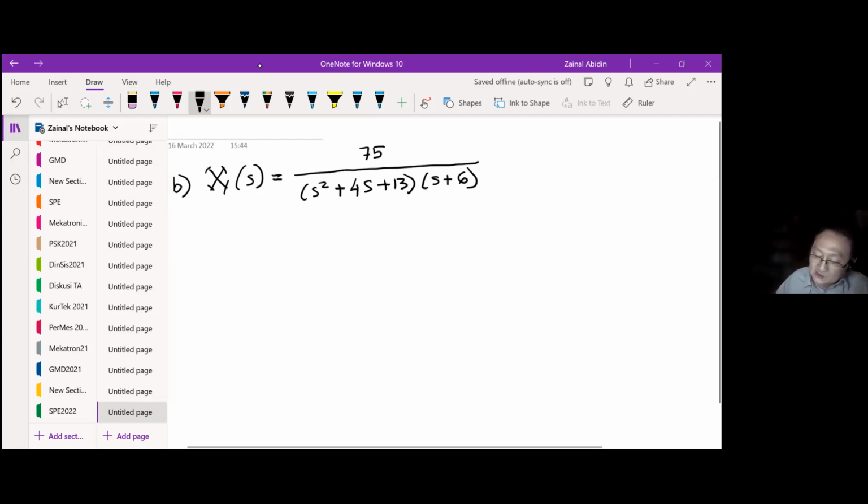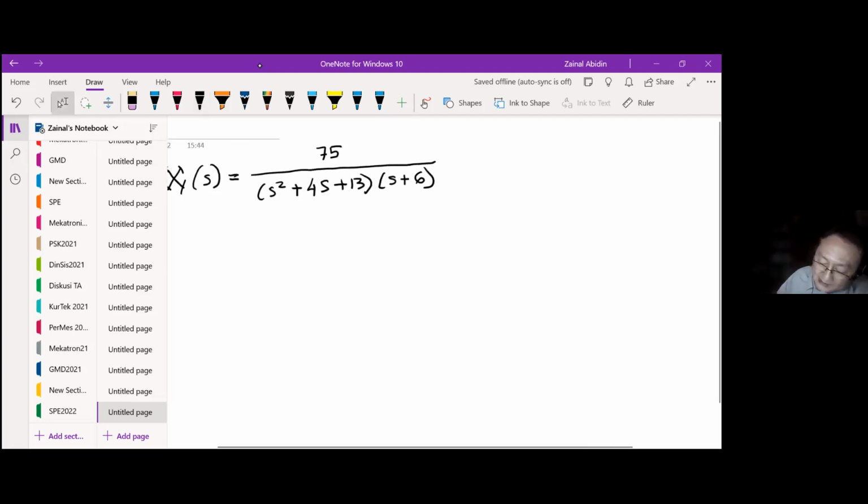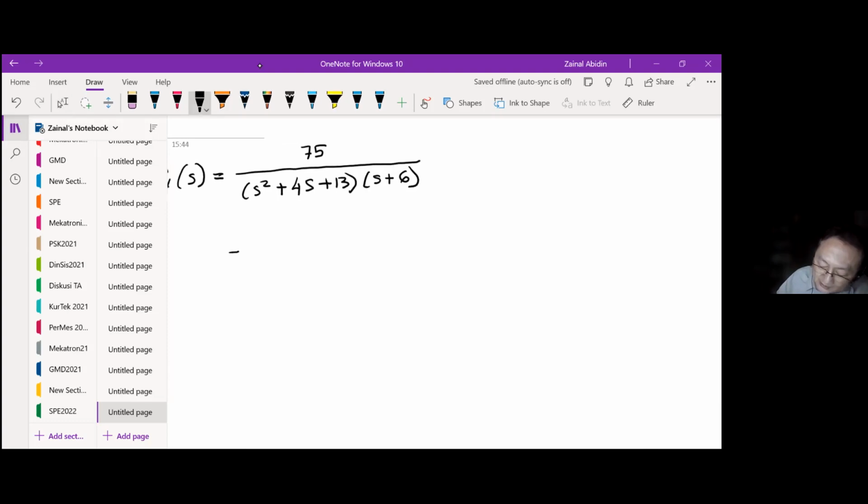The second one is simple, but the first one, you have to be able to say this one in the form of A, because this one, look, is s squared plus 4s plus 13, and this one is s plus 6. This one is simple.